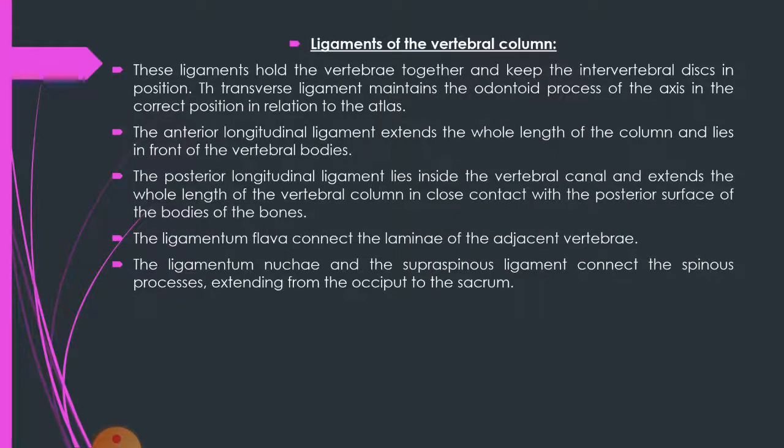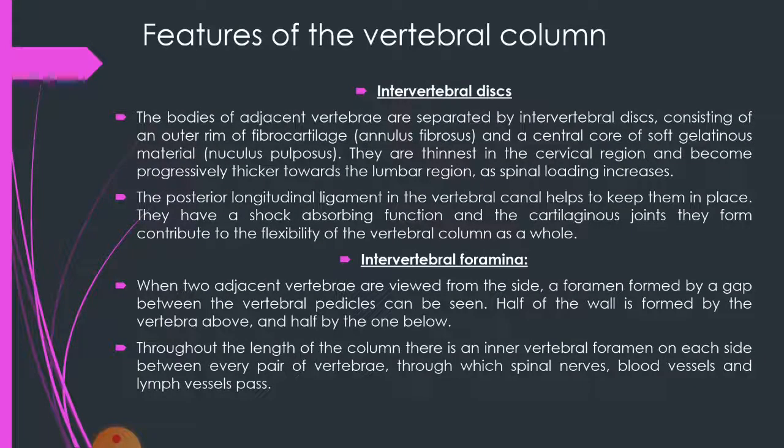Then we will look at some of the features associated with the vertebral column, like the intervertebral disc, the intervertebral foramina, and the ligaments of the vertebral canal. So let's talk about the intervertebral discs first. The bodies of the adjacent vertebrae are separated by the intervertebral disc that we have already discussed, consisting of an outer rim of fibrocartilage called the annulus fibrosus and a central core of soft gelatinous material which is called the nucleus pulposus.